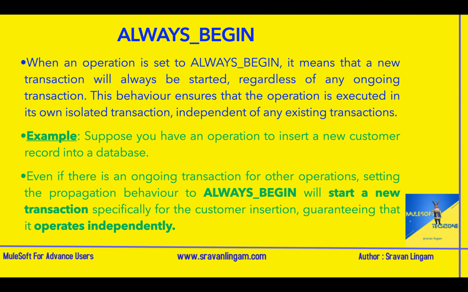Even if there is an ongoing transaction for another operation, like for another customer, setting the propagation behavior to always begin will start a new transaction specifically for the customer insertion, guaranteeing that it operates independently irrespective of what is happening with another new customer. I have tried to give one small example for each transactional type, to help you understand better.